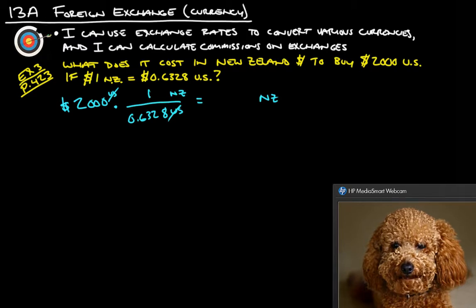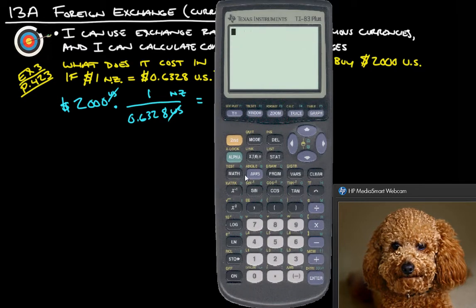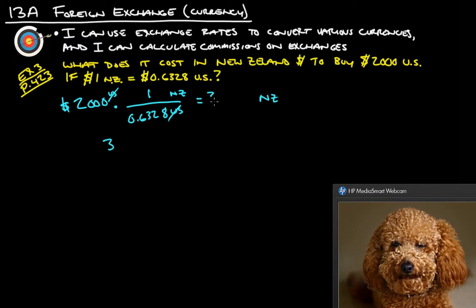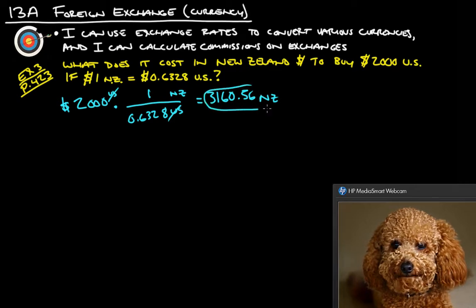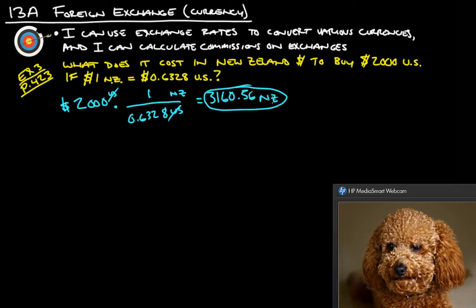So for this one, we're going to take 2,000 and divide it by 0.6328, and we get 3160.56. All right, and that should take care of that example as well.